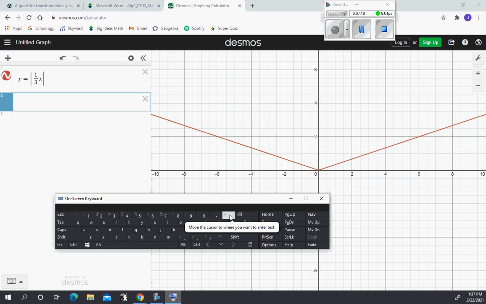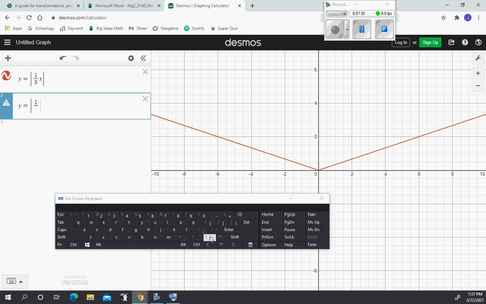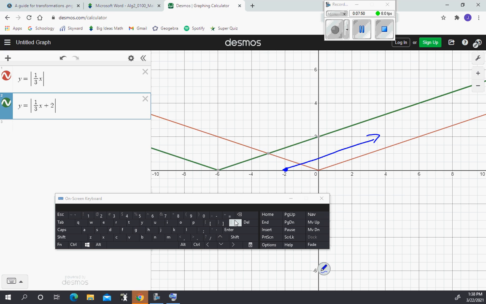Y equals the absolute value of 1/3 x plus 2, absolute value. Look what happens. That's not to the left 2. If we were to the left 2, we'd have our function right here. We'd be going off to the side, right? So that's not necessarily the right answer.